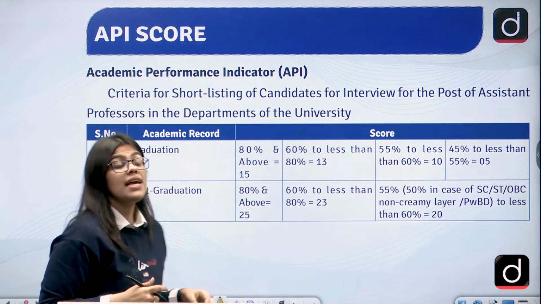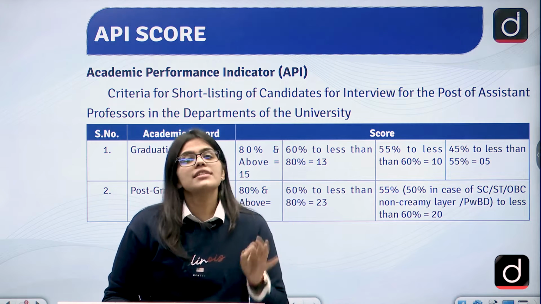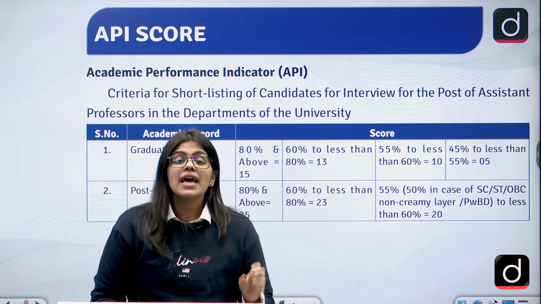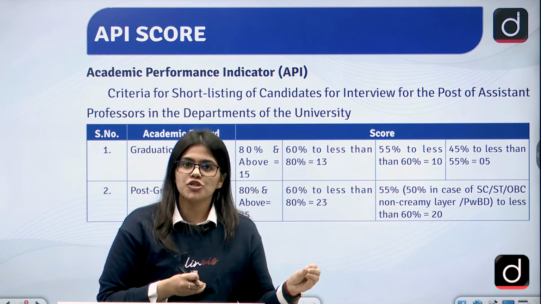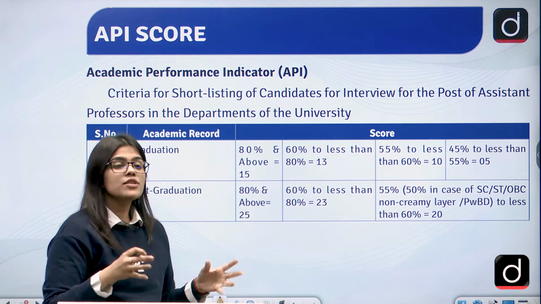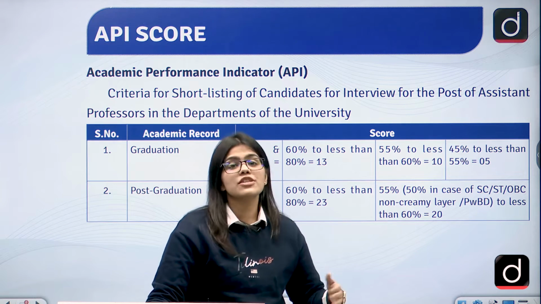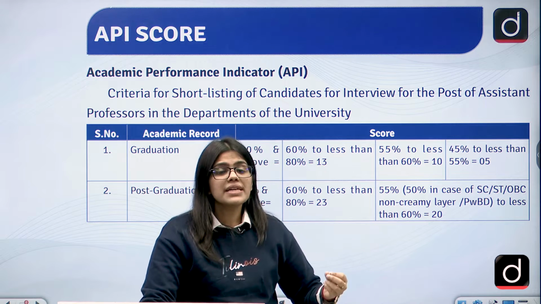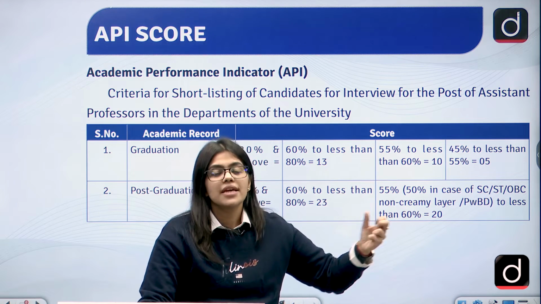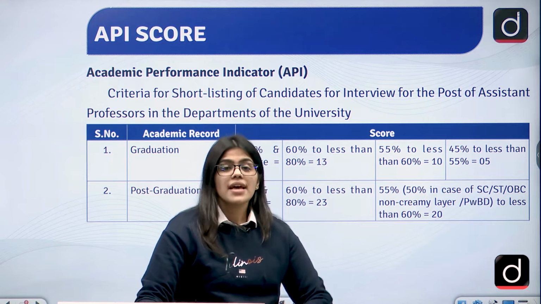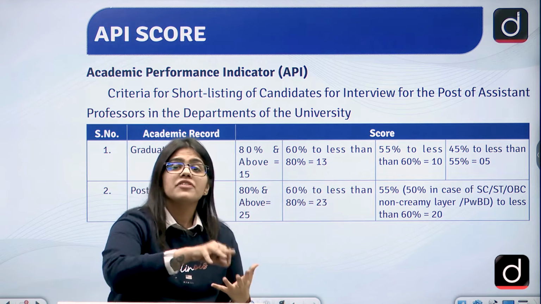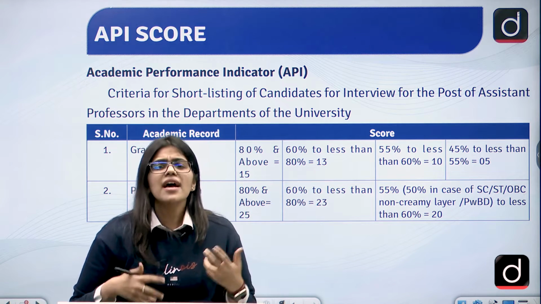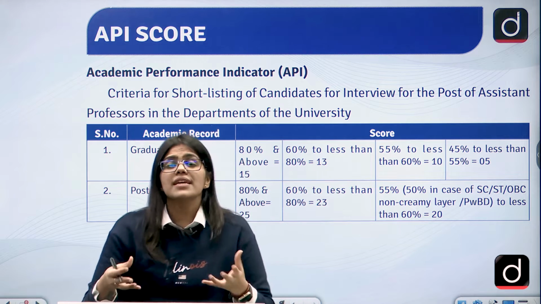Now you will see that the indicators are different for the universities, for the department, and for the different colleges, right? So what is a department? We have one English literature department. Department is when it is in the university, that is, the arts faculty is the department, right? But there are different affiliated colleges as well, like Hansraj, or Hindu.